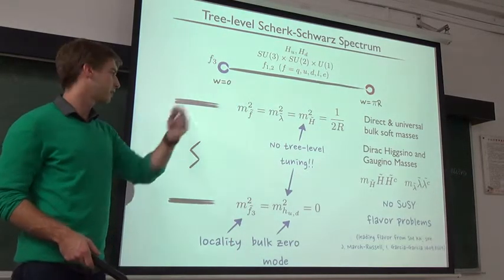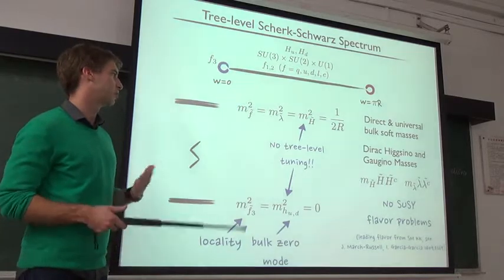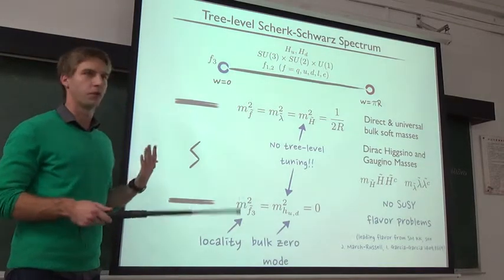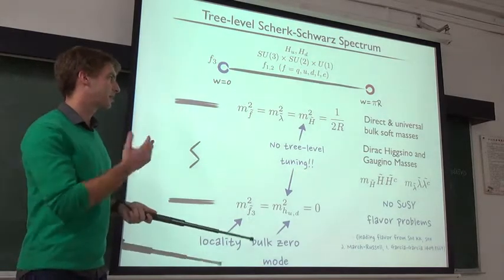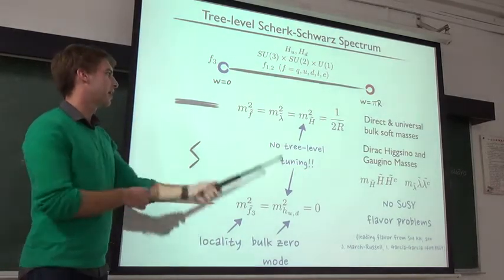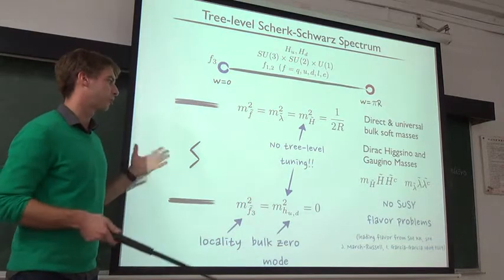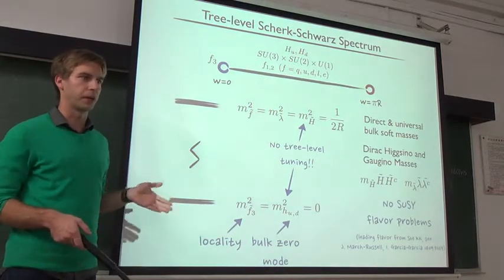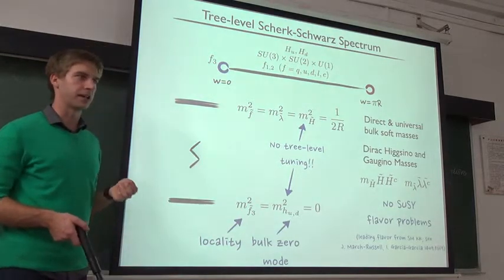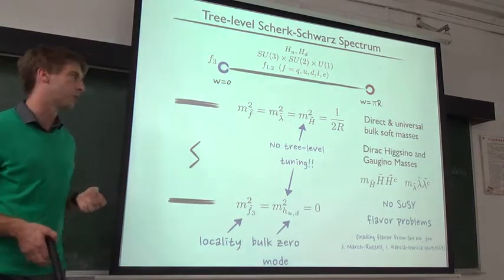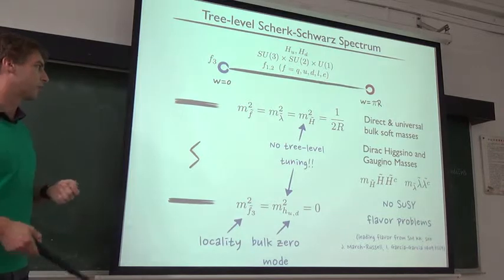So to cancel that off and make it small, I introduce a lot of tuning. I have a lot of problems with naturalness of that theory. This model has, because of this special structure, I can get a Higgsino mass that is at 1/2R without introducing any tuning. So that could be at 2 TeV without introducing any tuning in the Higgs mass. So this is a very special feature of these models that's quite appealing.